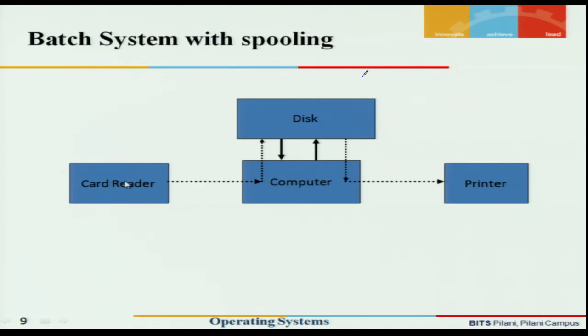The early days' card readers offered limited card reading capacity. The capacity of the card reader was defined in terms of the number of cards it can read in a minute. It was pretty common to have a card reader which would be able to read 800 cards per minute or 1000 cards per minute. We can translate 800 cards into the number of characters it can read in a minute.